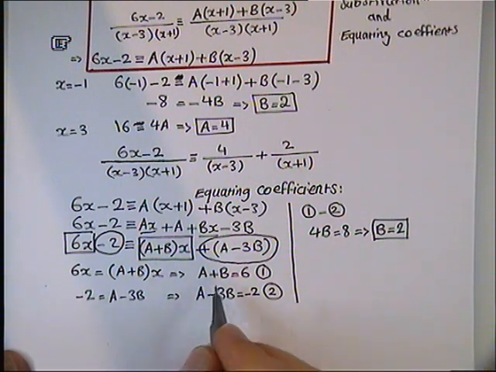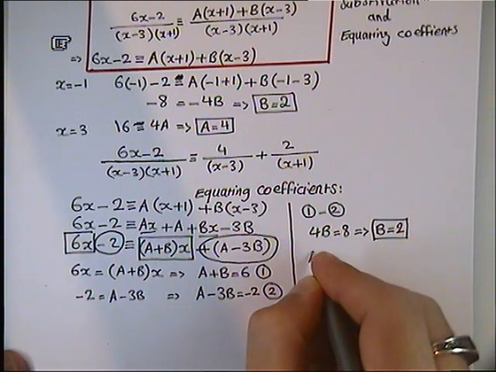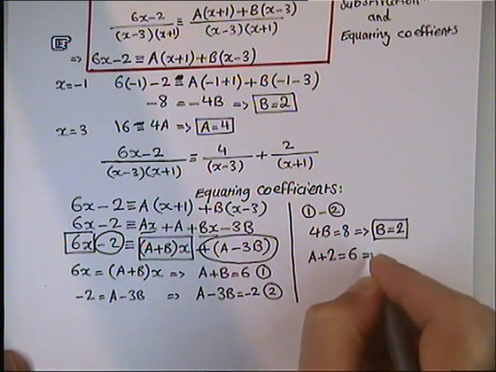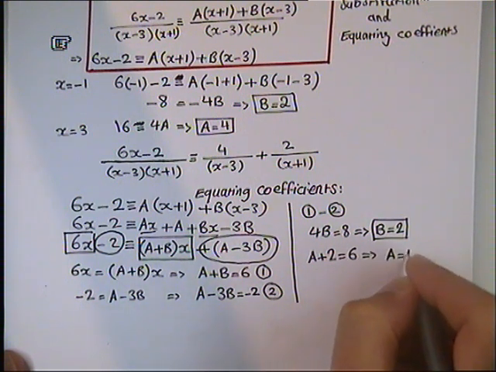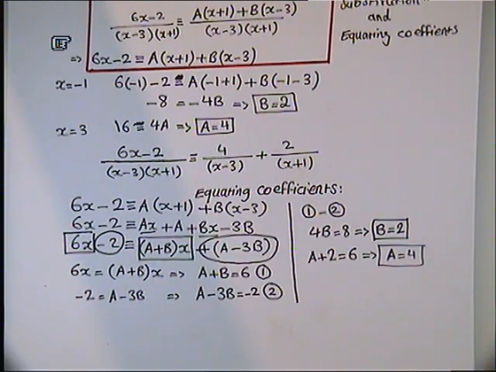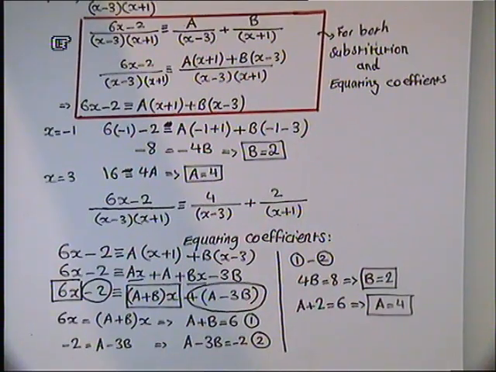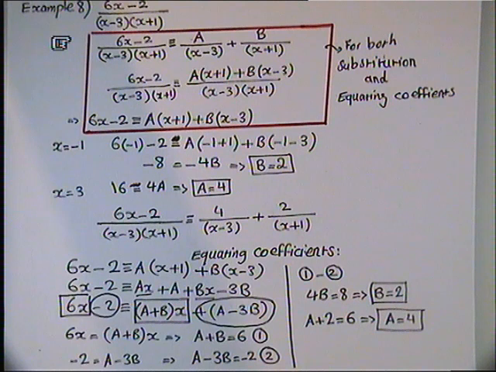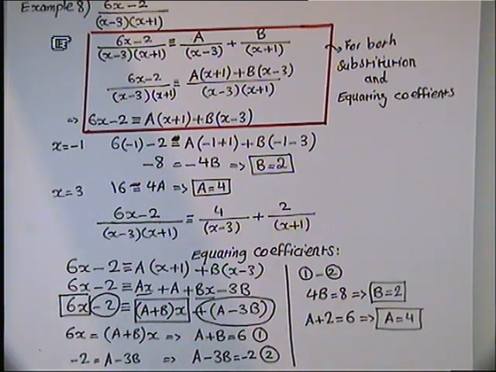And substitute b equals 2 here. You get a plus 2 is equal to 6. Therefore, a is equal to 4. So here is the end of example 8.